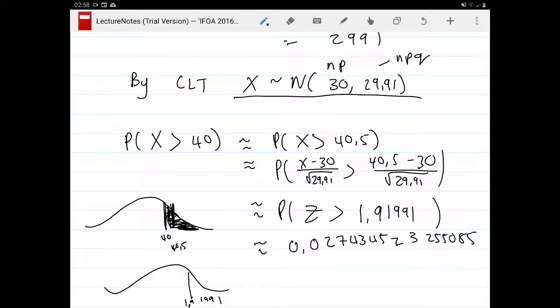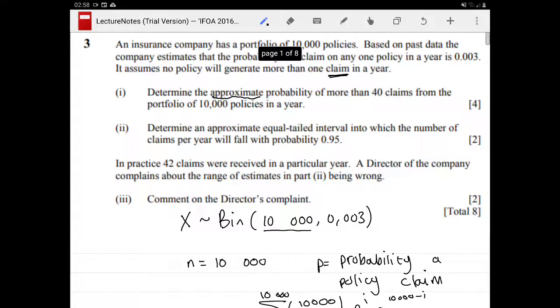I'm just reading off the exact long number that I have from RStudio. So that's equal to 0.027, basically, if you're doing it to 3 decimal places. I'm not entirely sure what the IFoA policy is with decimals, but whatever your policy is, just round that number accordingly. So that's the answer for question 1.